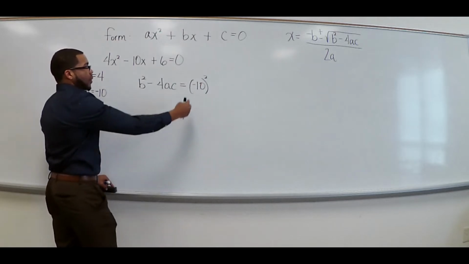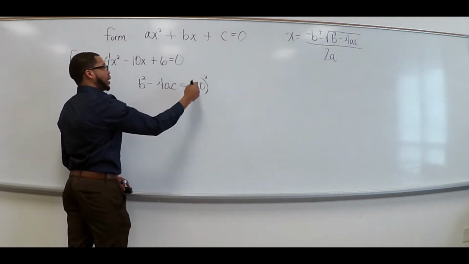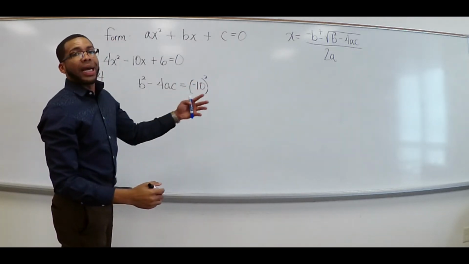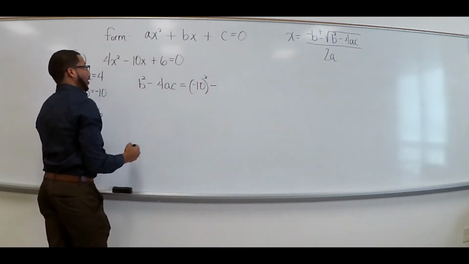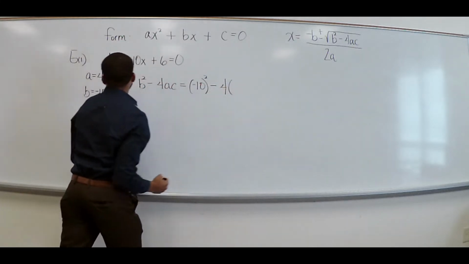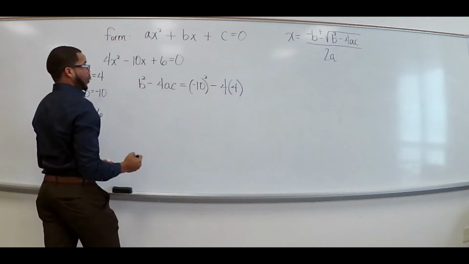When you square this negative, you get a positive. But if you only put negative 10 without the parentheses, you would have negative 100. But that's beside the case. Let's keep proceeding. b squared minus 4ac, with a being 4 and c being 6.